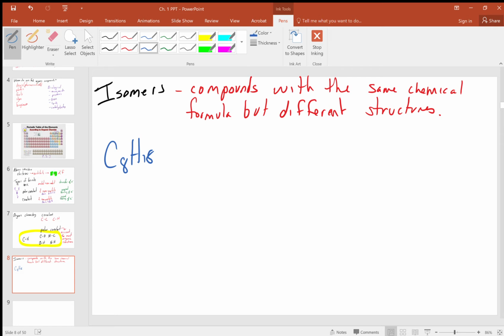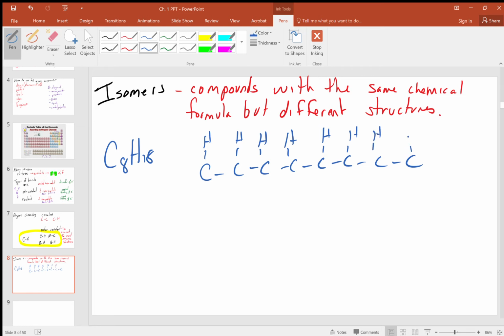Let's look at a couple of these. This first one is just a straight chain of carbons, C8H18, and the name of this molecule is octane.